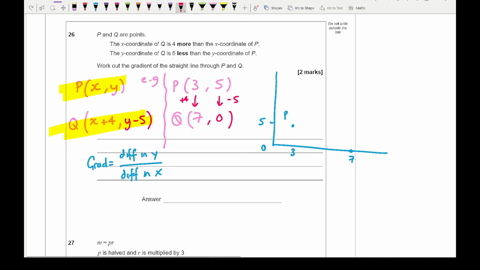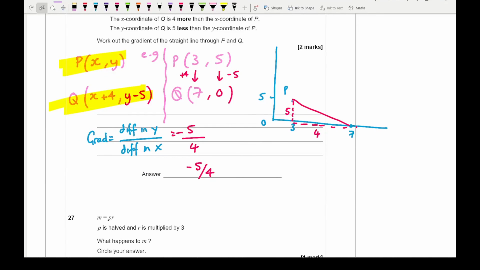So what the question is asking me to do is to work out the gradient of this triangle. The height of this triangle is 5 and the base of that triangle is 4. So the difference in y is 5 and the difference in x is 4. And it's got a negative gradient, so it's going to be a minus. So the answer then is going to be minus 5 over 4, or you can write it as minus 1.25.